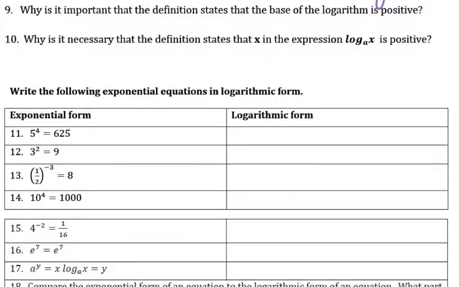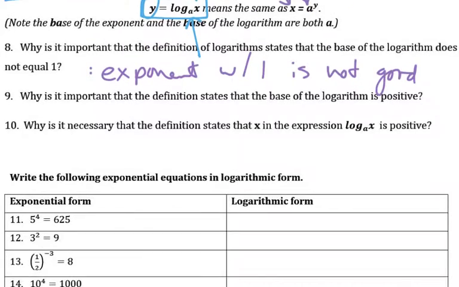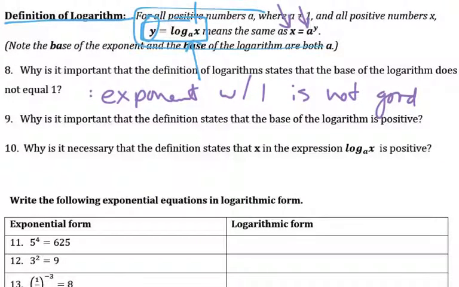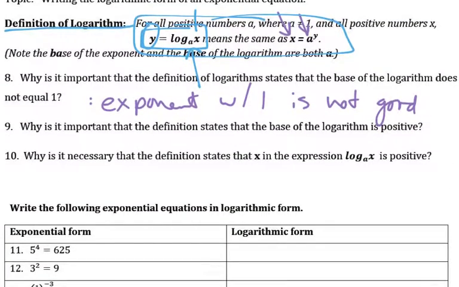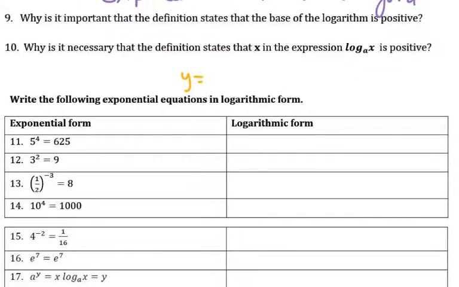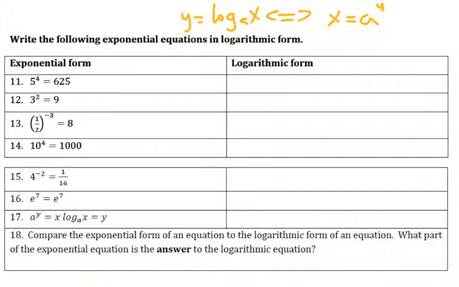Now all it's wanting you to do on these ones is just change from exponential to logarithmic. So it's actually really simple. You use this as your guide. Basically, y equals log base a of x translates to x equals a to the y. So you just rearrange the pieces.